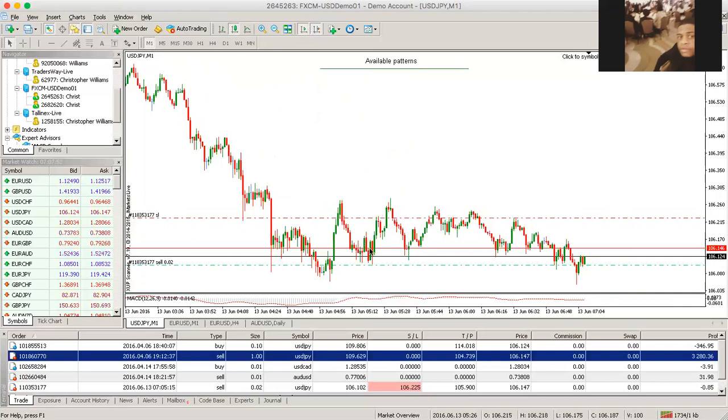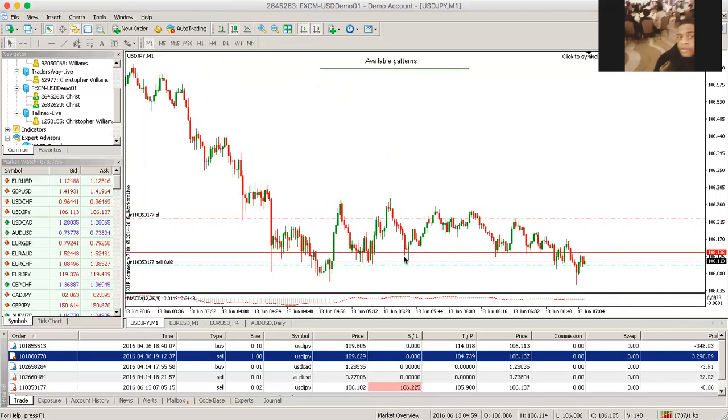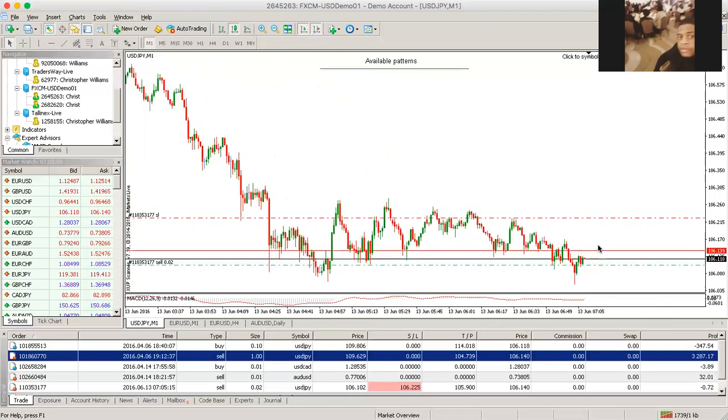Okay, so right here, I know it's gonna go back down, but it's testing this zone right around here. That's the highest that it's been.